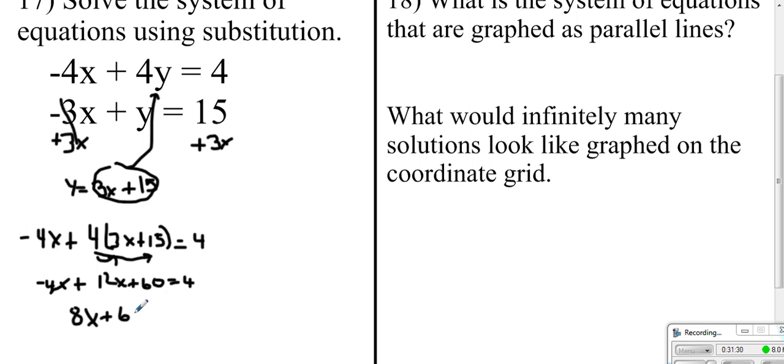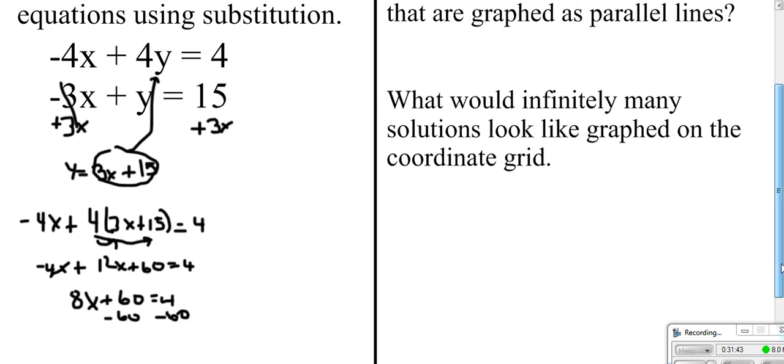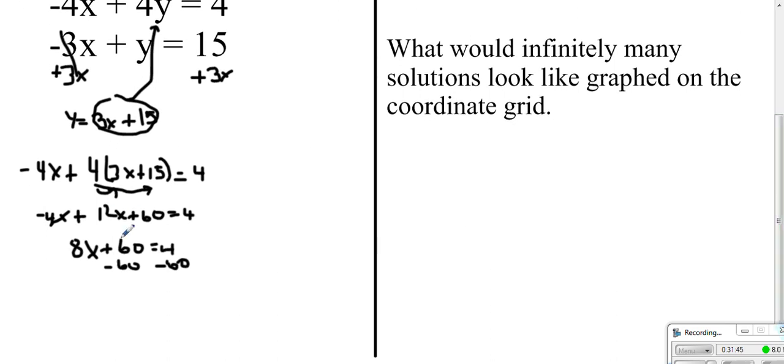Plus 60 equals 4. Minus 60. Minus 60. Oops. Move this down. 60's cancel. 8x equals negative 56.